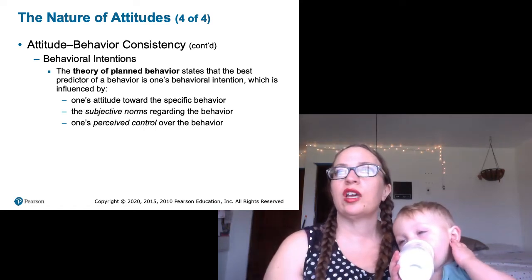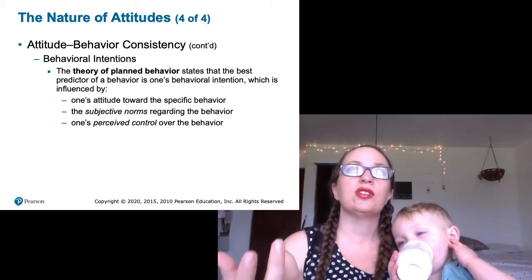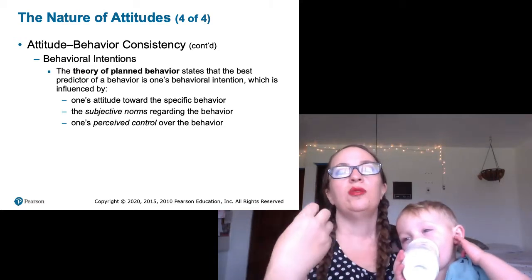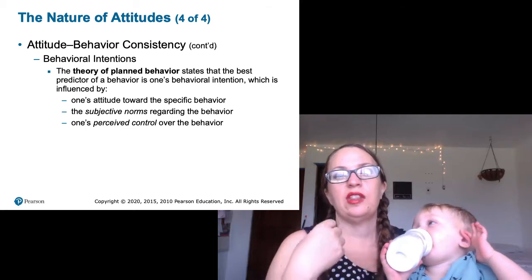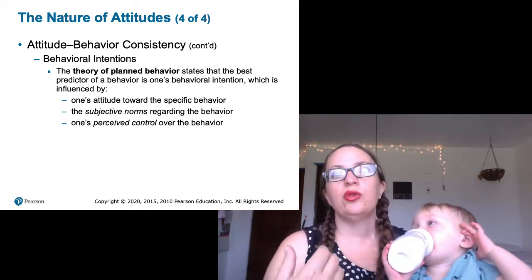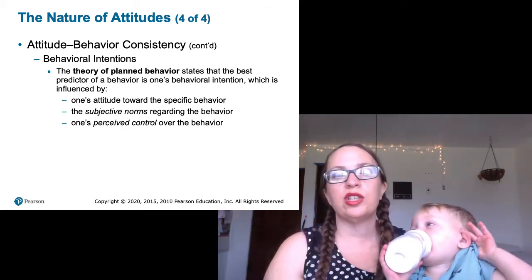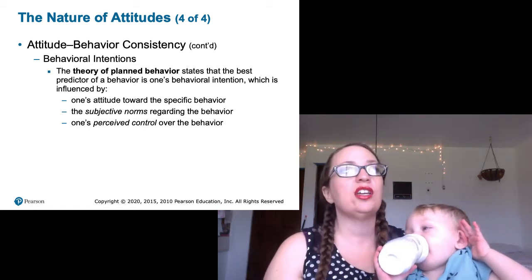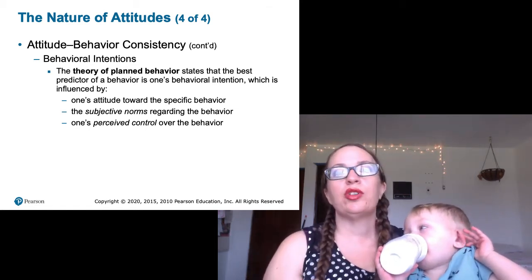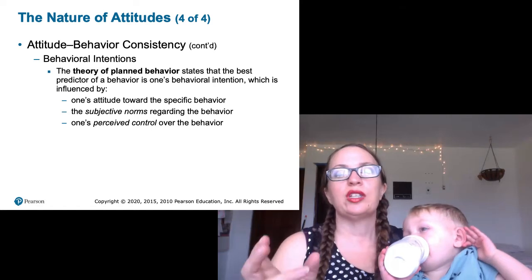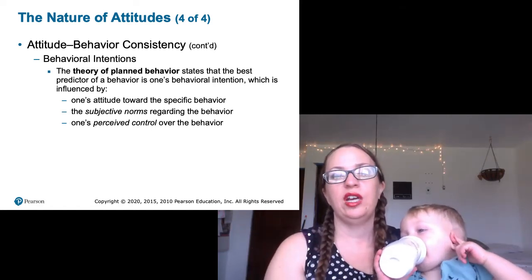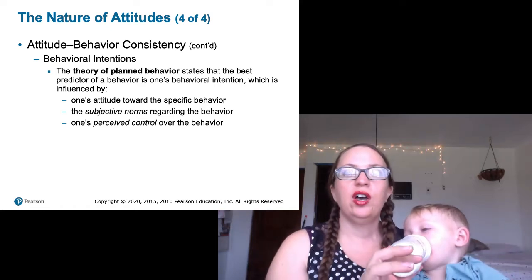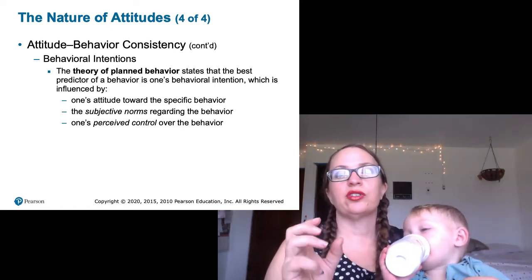Subjective norms is like, does a society or even a subculture of a society believe a certain thing? And then perceived behavioral control, which is the degree to which one believes that one is capable of engaging in the desired actions. These both influence the degree to which the behaviors will be consistent with the attitudes. Okay, so that's the theory of planned behavior: behavioral intentions are important predictors of behavior.